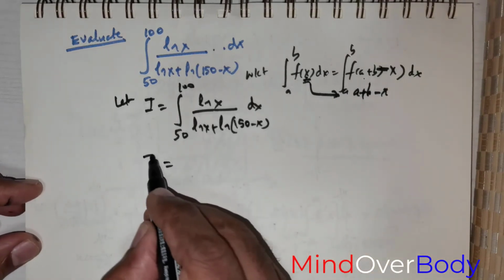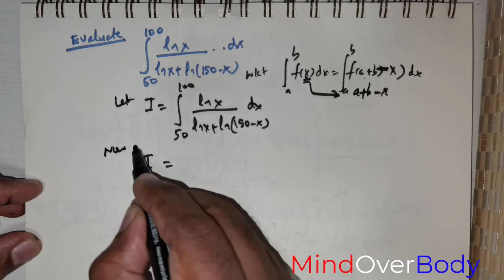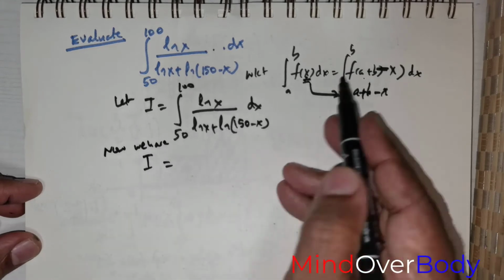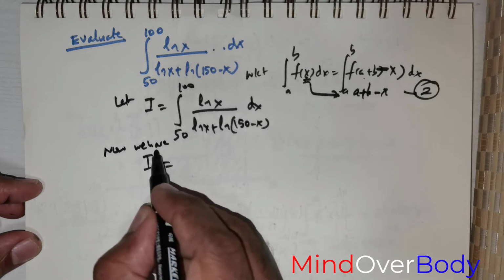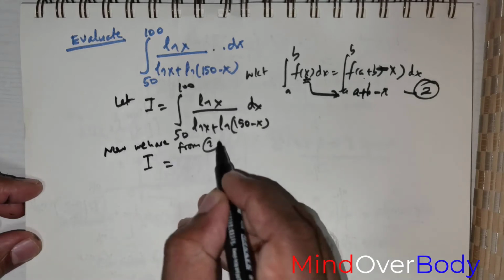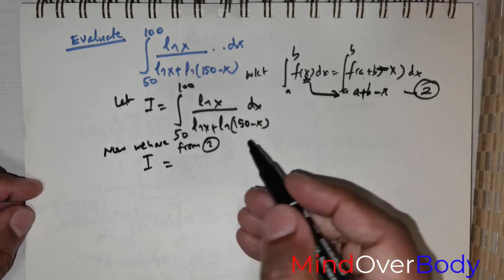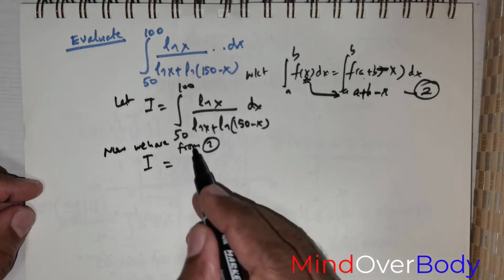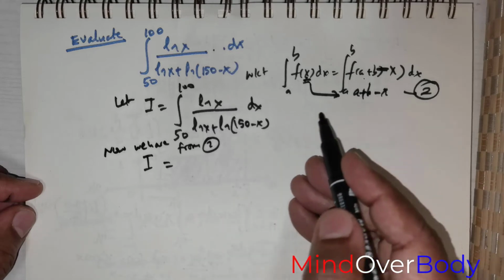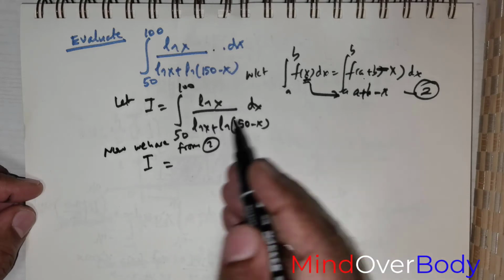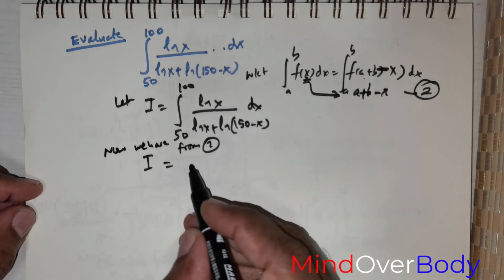So this is equal to, now we have, if I were to mention this as 2, now we have from 2, or by 2, you can use whatever phrase that you wish to place here. Of course, I am sure that you are able to catch the meaning that I am trying to infer here.